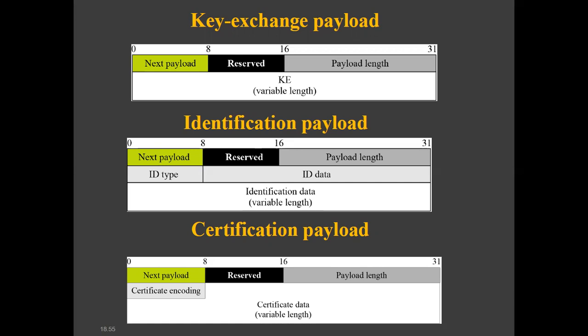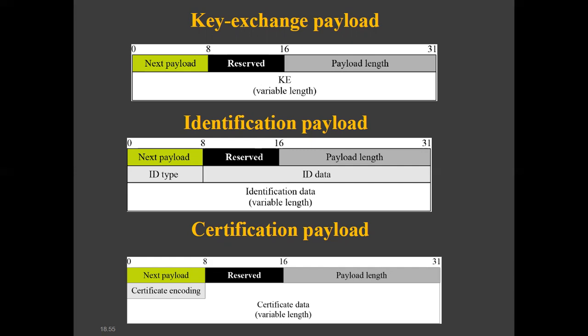So the format of certification payload is shown here. The certificate encoding field is an 8-bit field which defines the encoding type of the certificate. And the certificate data field, again, is a variable length field which carries the actual value of the certificate.